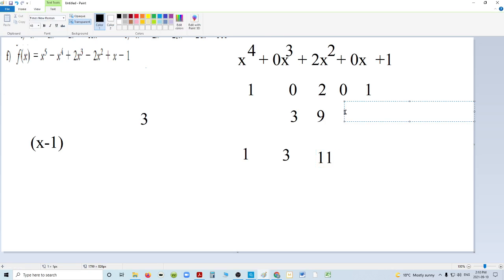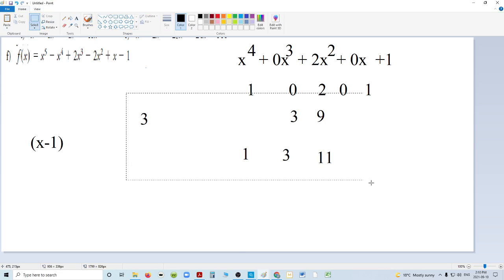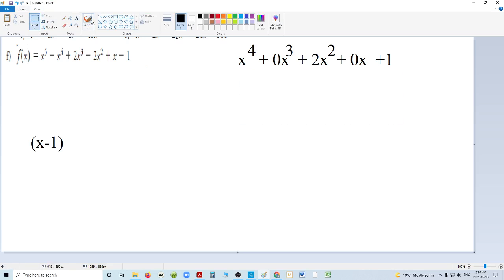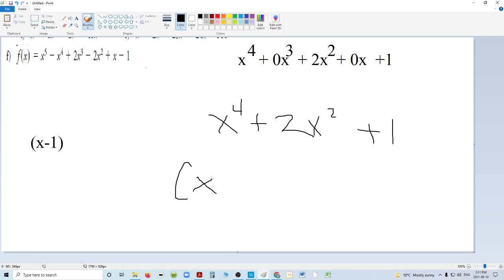Let me have a look at that. I got it. My bad. x to the 4 plus 2x squared plus 1, I believe, can be factored as (x squared plus 1) squared.